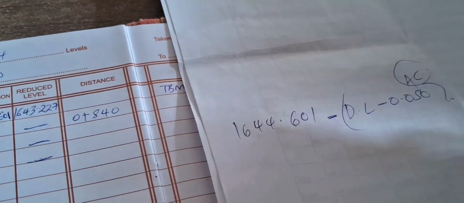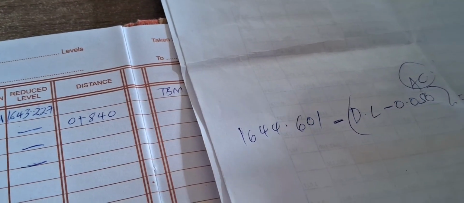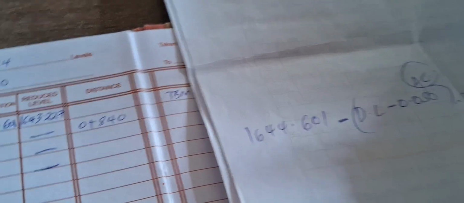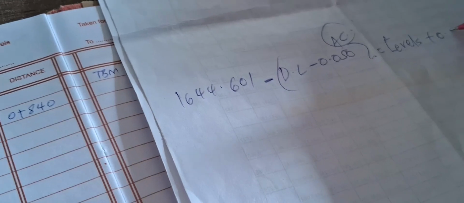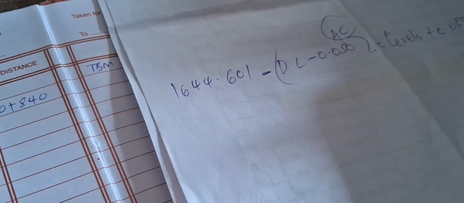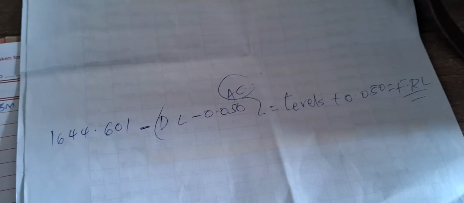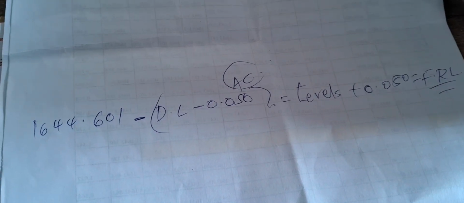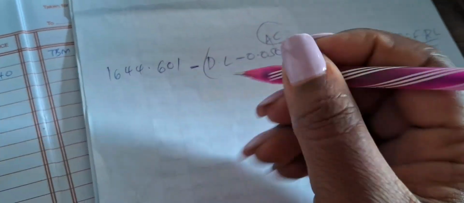Okay, so the finished levels will get plus 0.050, which is going to be the finished road level. Yeah, it's going to be the finished road level. So anyway, that's the easiest way to find or to put levels for hand packing.